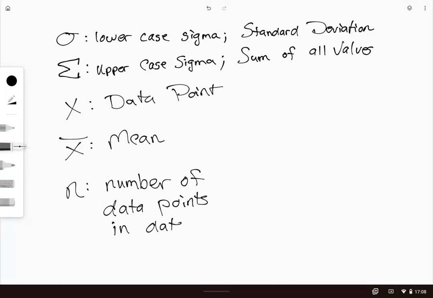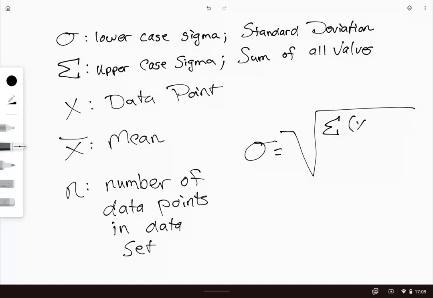So when you write the standard deviation formula, okay, here's how we write and read this. We say the standard deviation is equal to the square root of the sum of all values of each data point minus the mean squared divided by the number of data points in the data set.